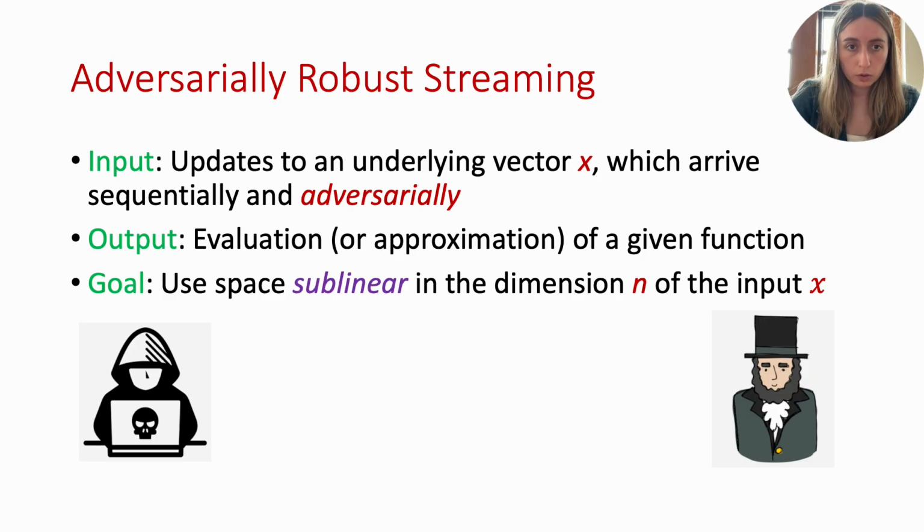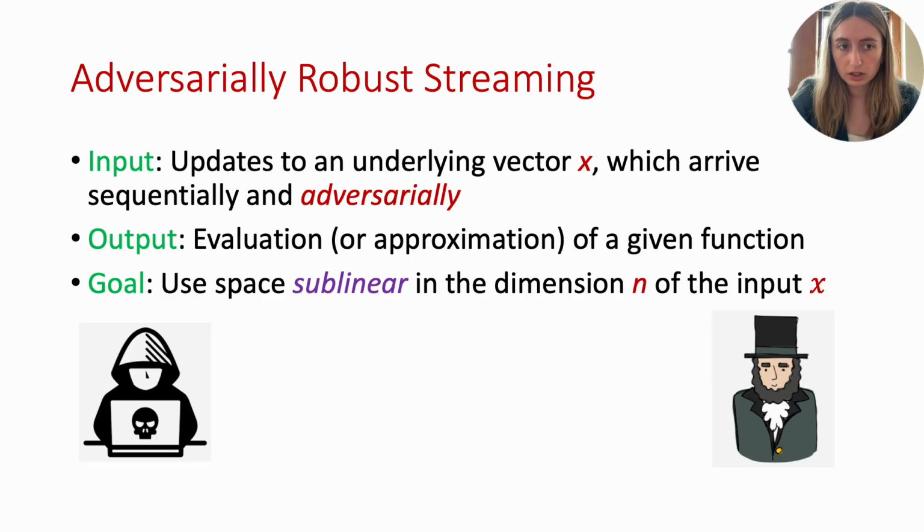And the adversary records this response and then may select the next update depending on the previous responses of the algorithm. And importantly, as before, the goal is to design an adversarially robust streaming algorithm, which uses space sublinear in the dimension n of the input.